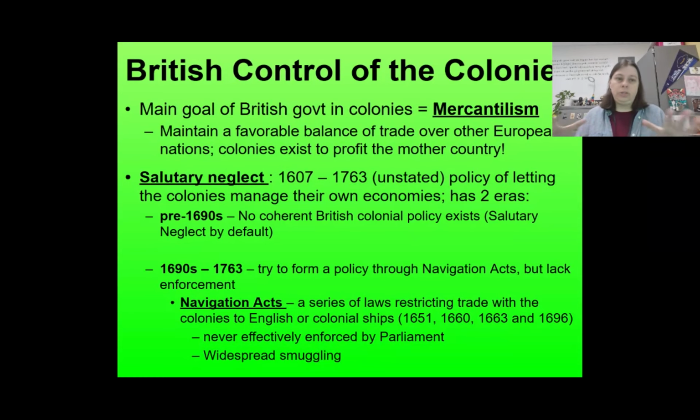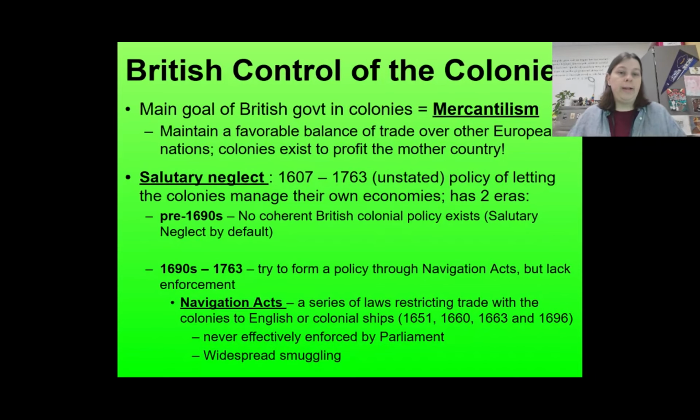So, some big terms on this slide. One of the main goals of all of the colonial empires in this time period, but certainly the British, is what's usually referred to as mercantilism. This is the basic economic theory that governed most of how countries in Europe operated in this time period, which essentially said that the way to achieve dominance among your peer countries is to have more stuff that you can sell them than they have that you need, right?